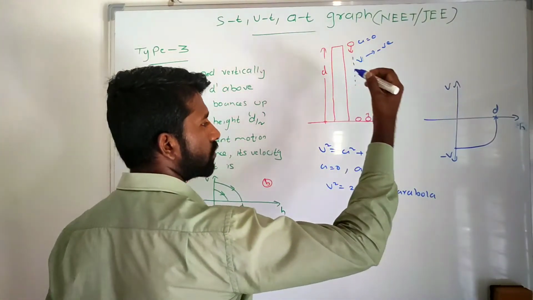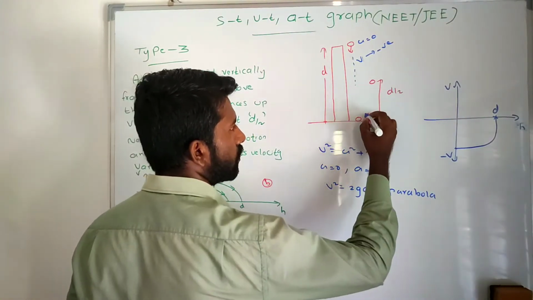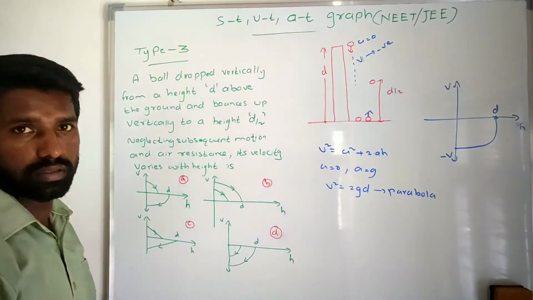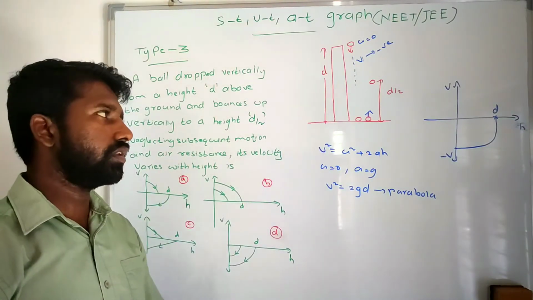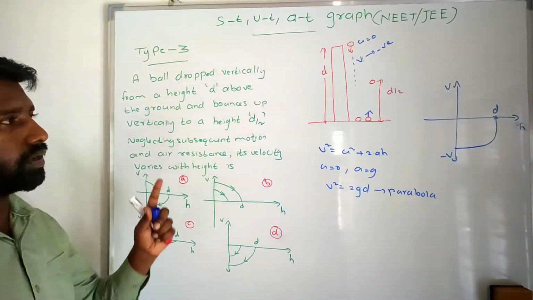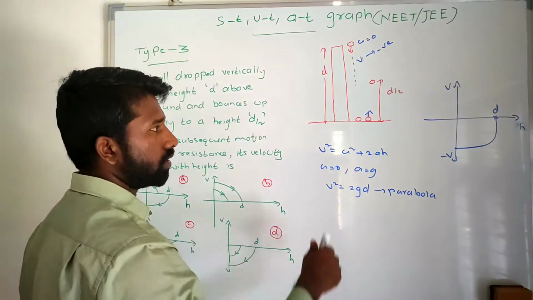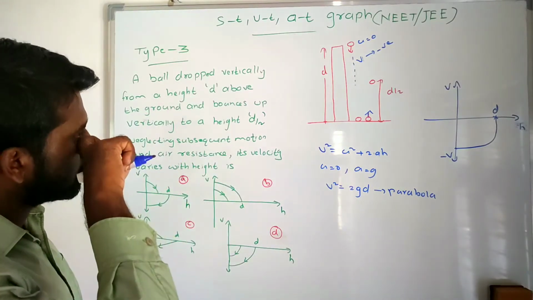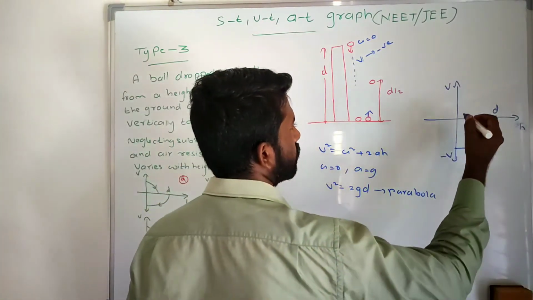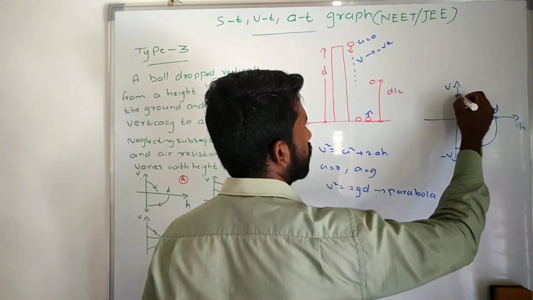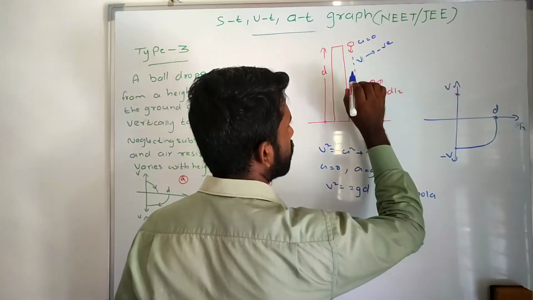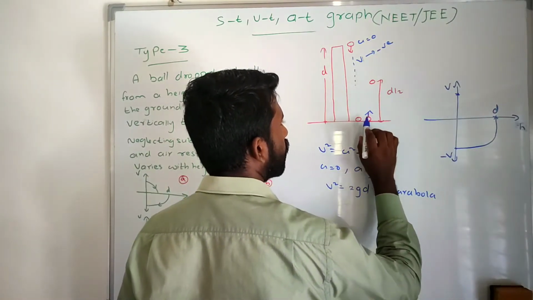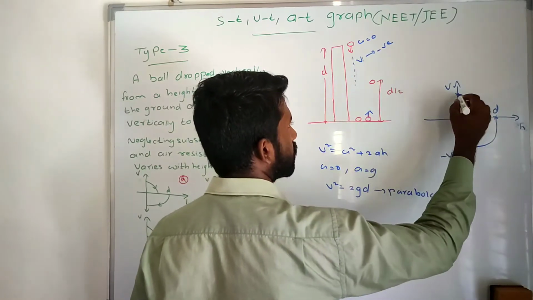When it strikes, the velocity decreases in which direction? In the positive direction. Why is the velocity decreasing? Because acceleration is acting in the downward direction. So we get the same velocity but in the upward, positive direction, and while going up the distance increases.